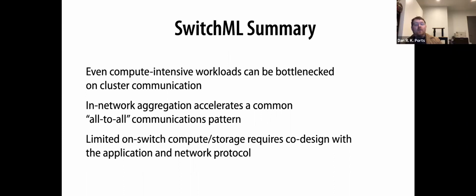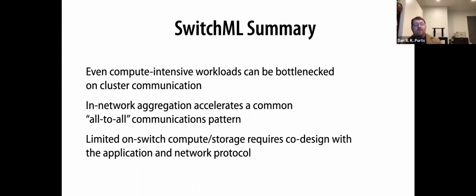So that's correct. Model parallelism and other things that are not just straight up batch parallel SGD are very important for large models. SwitchML, as it stands, is really designed for just traditional data parallel mini batch SGD.